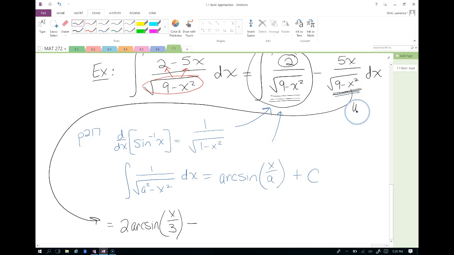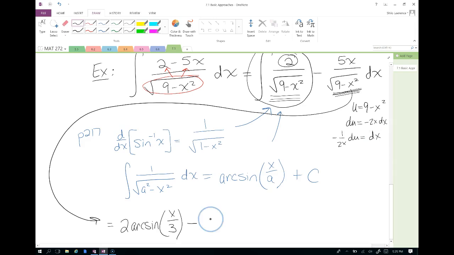So we should write out our u substitution so we can see what it's going to look like. We would let u be the inside of the composite piece. Du will be negative 2x dx, which means negative 1 over 2x du will equal dx. That's what we're going to replace our dx with.